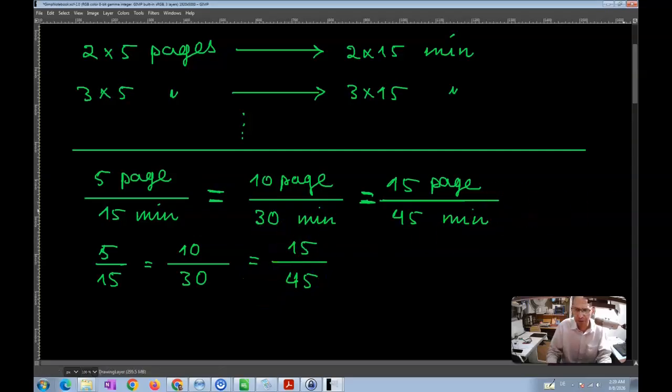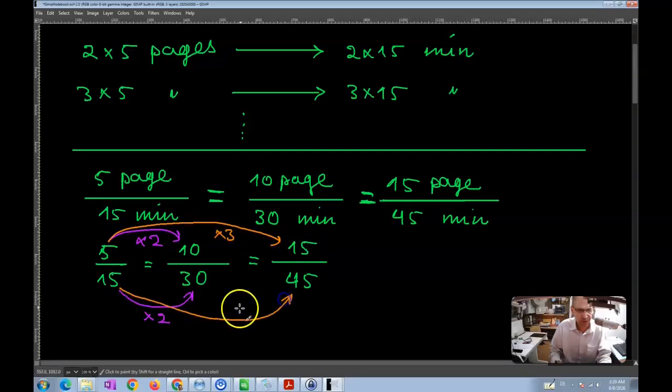And here you can see that 5 times 2 is equal to 10, and 15 times 2 is the same thing as 30. So times 2 and times 2. Or over here, you can see that 5 times 3 is equal to 15, and 15 times 3 is equal to 45.